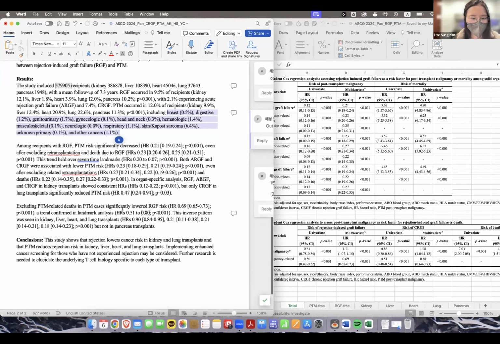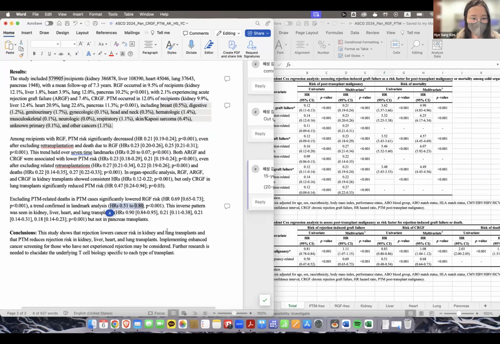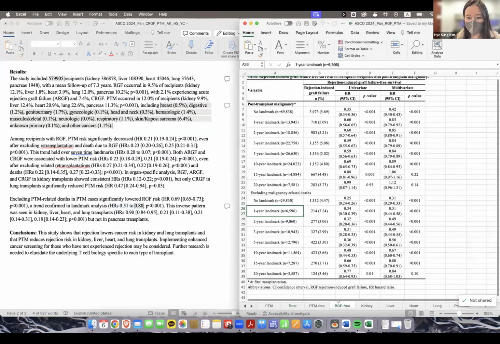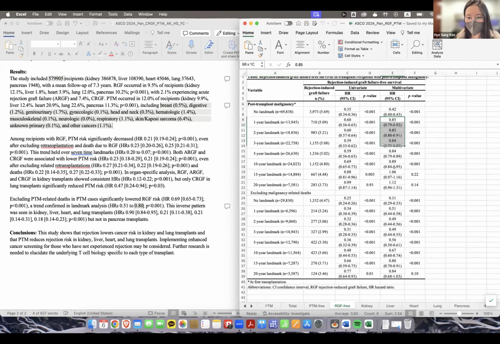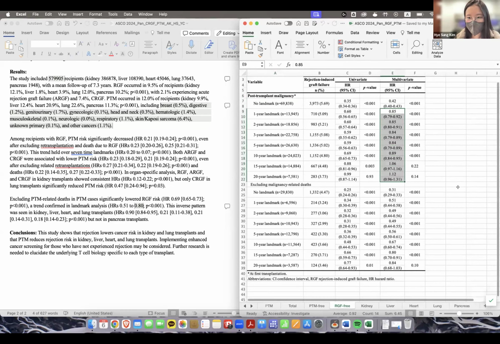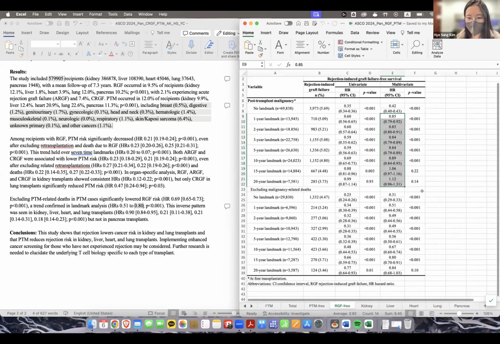And then another minor thing I wanted to mention here is the rejection-free survival among patients with PTM. If you look here, including all the death cases, overall you see an inverse correlation, but if you break it down by years, it's unclear.